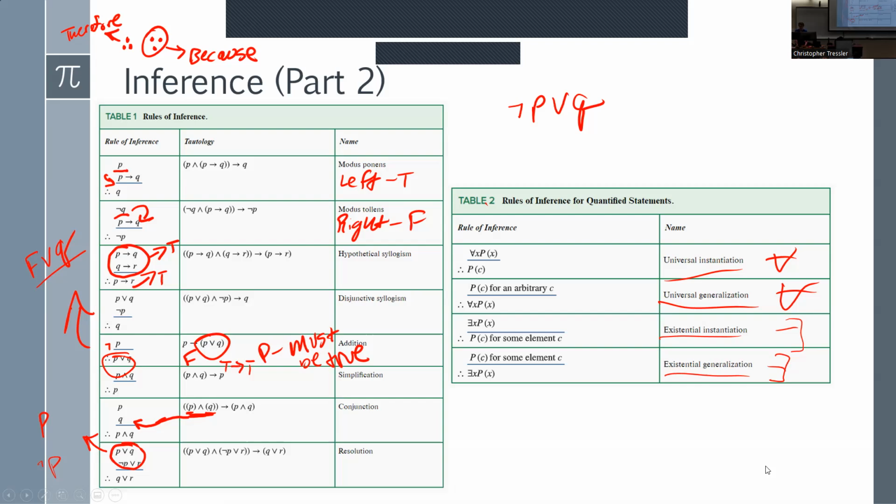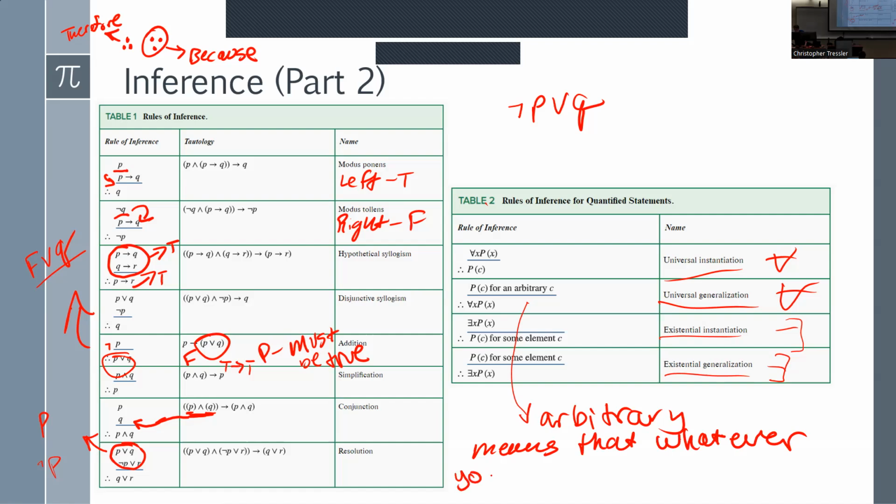On the other hand, now everyone's like, what does arbitrary mean? Because you can see it says P of c for arbitrary c. Arbitrary means that whatever c you pick, it doesn't matter.